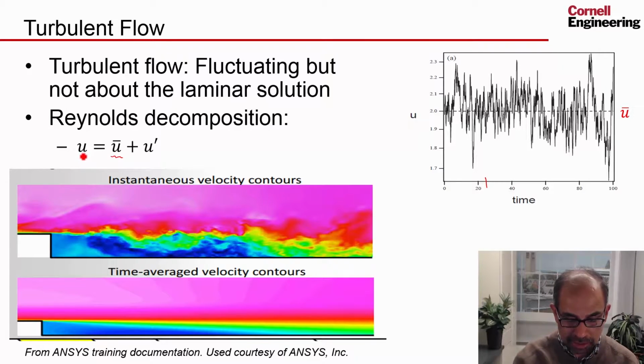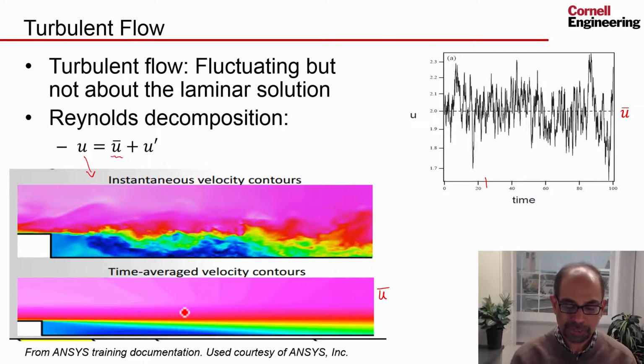So that's the contour of u. Instead, if I plot contours of the Reynolds average, I'm going to see something like that. You can see that this is much smoother and much better behaved than this.